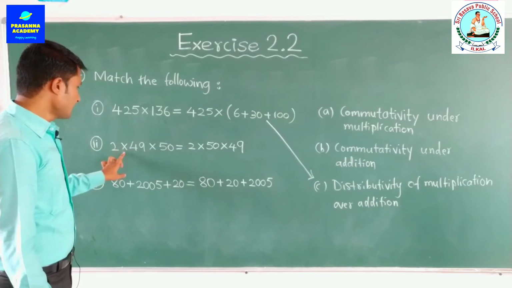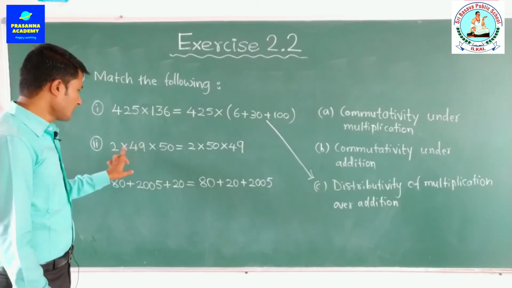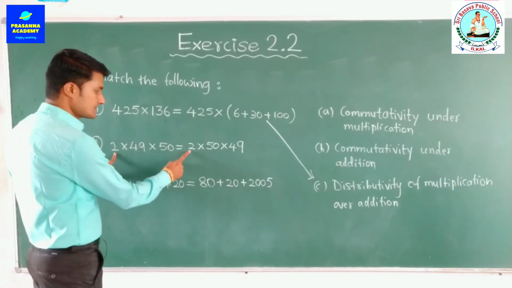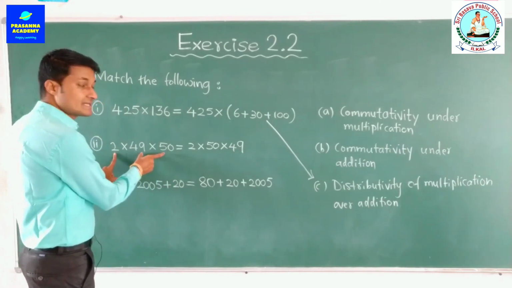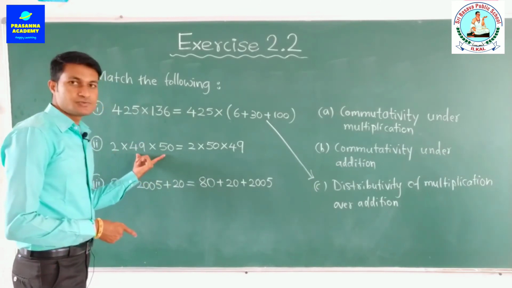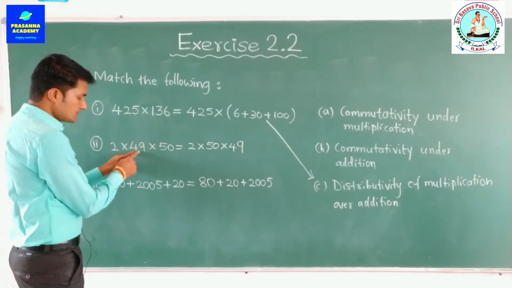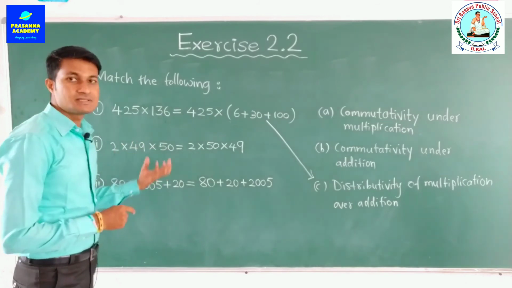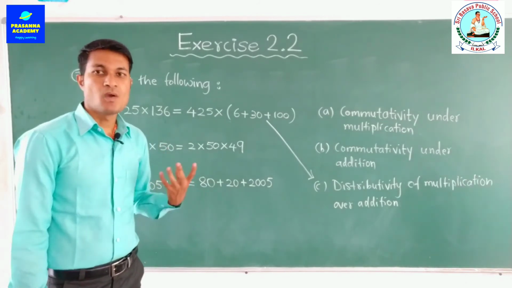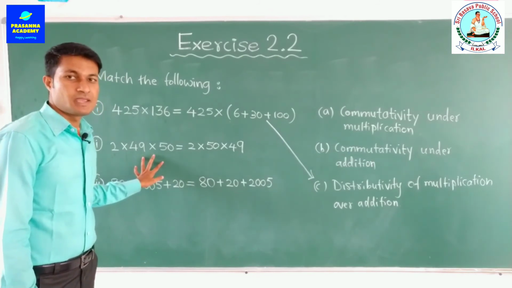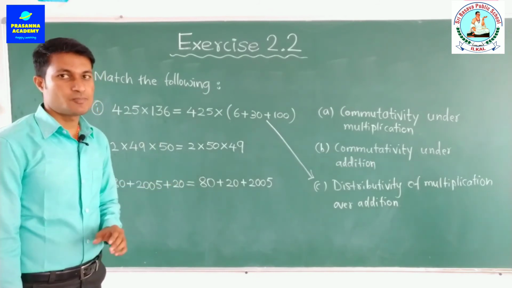That is 2 times of 49 times of 50. So just observe here, they have written 2 as it is, but they have changed the order of these two numbers, which means they have pushed this 50 here and they have pushed this 49 here. So indirectly they have changed the order of the numbers. When they change the order of numbers, it is absolutely commutative property.